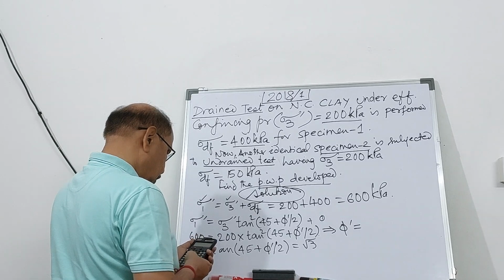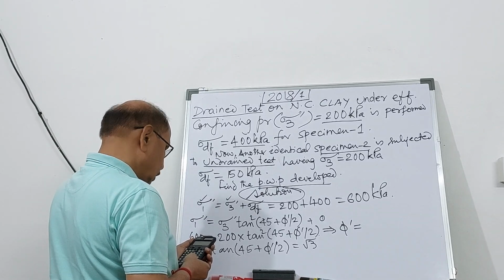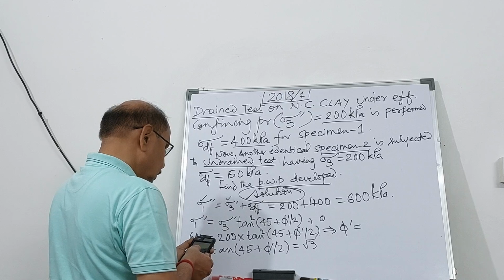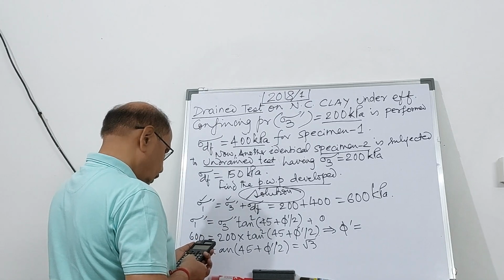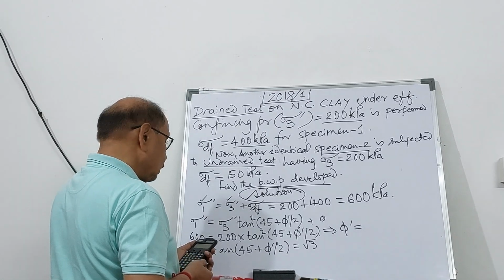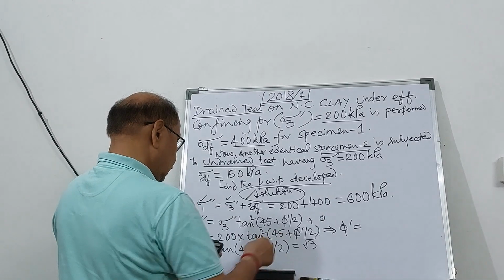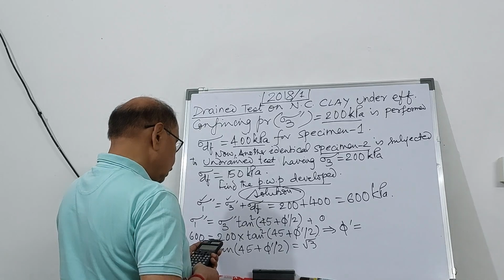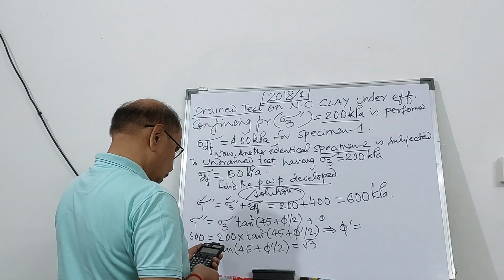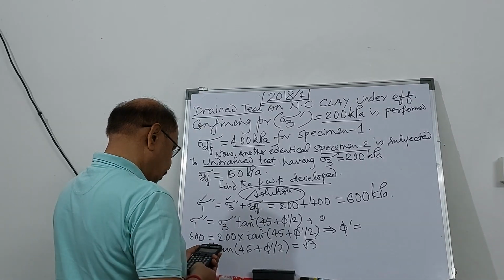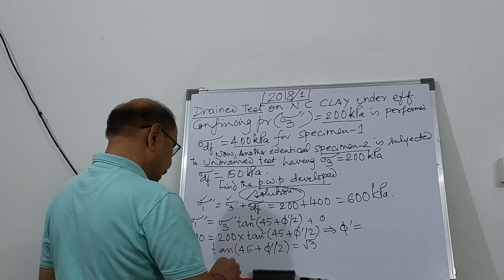Tan inverse of under root 3 equal to 60 degree, minus 45 equal to 15 degree.